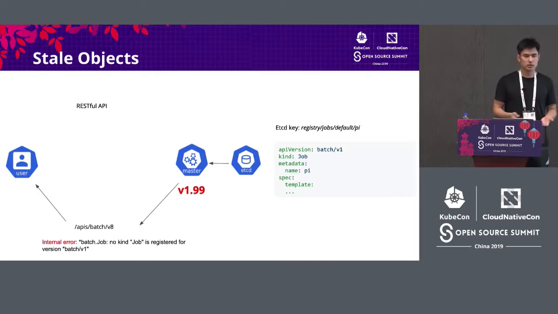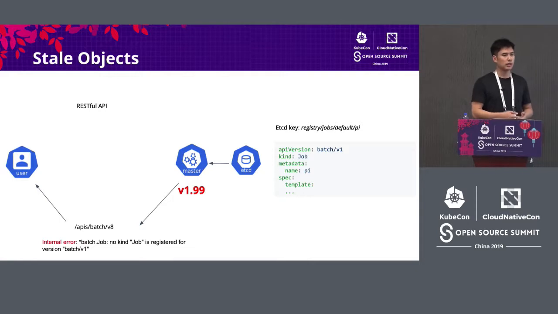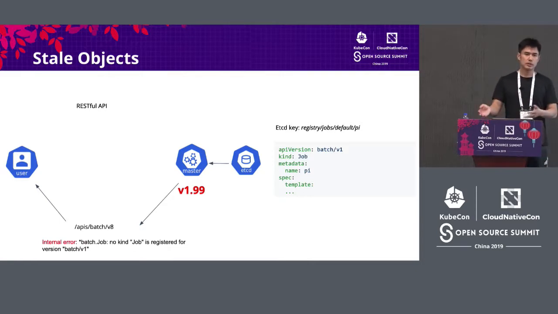The API server doesn't understand v1 anymore. So although everything works as designed, the object is stored as the storage version, because you forgot about its existence, you never read, write, or update it, the job becomes stale, and at this point this thing is not interpretable anymore.